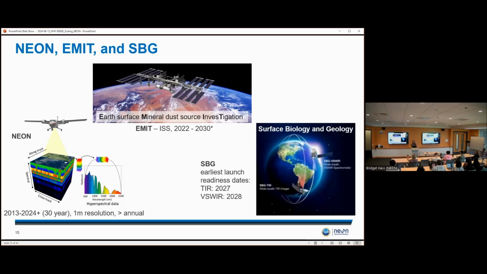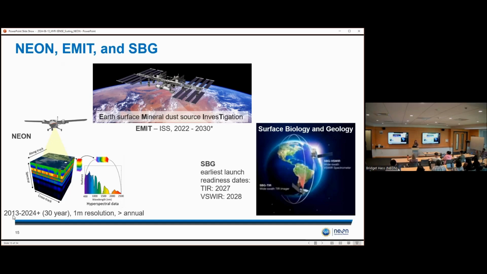Okay, so how does this tie into some of these recent satellite and upcoming satellite missions? NEON, EMIT, and SBG are really well aligned in the sense that they all are producing or intended to produce similar data sets, but just at different scales. So I'll give a little high level overview of each of these. I already talked about NEON. This is a 30-year project funded by the National Science Foundation.